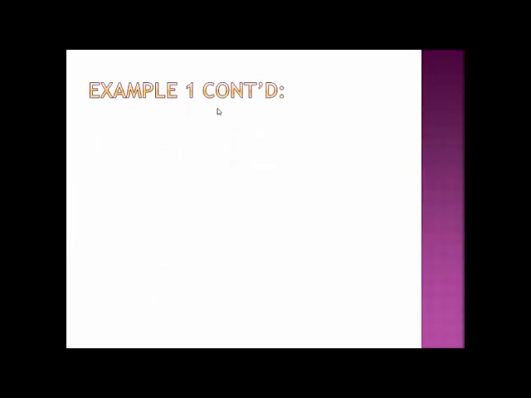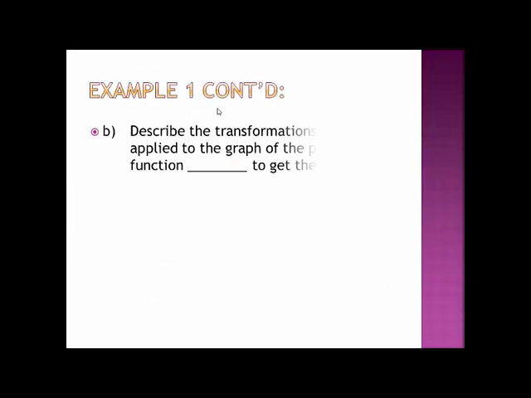So if we continue on with that example, we want to describe the transformations that are applied to y equals x cubed to get the transformed function. So remember to generally use the proper order.